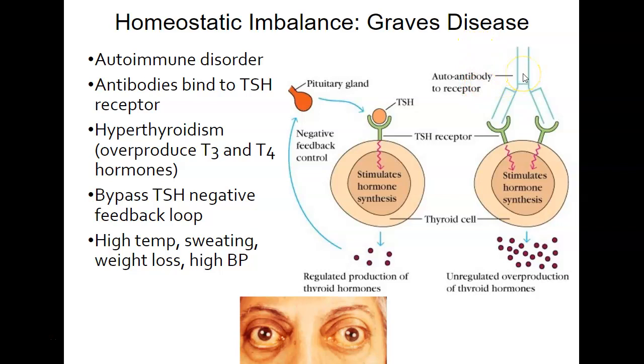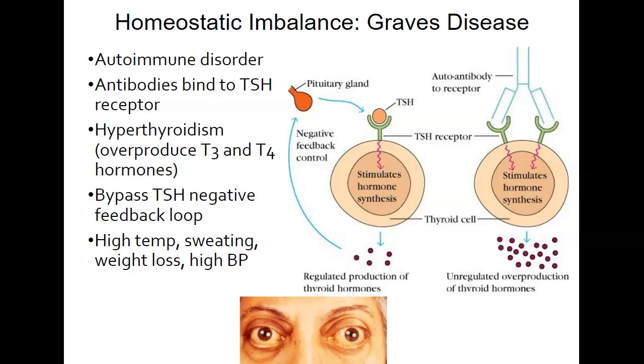However, in Graves' disease, it's an autoimmune disorder, so the antibody is targeting the thyroid cells. It's going to bind to the TSH receptor so that the TSH itself can't bind, but it's going to essentially force the cells to stay on and release all of these regulated signaling molecules from the thyroid cell, and then you get too many thyroid hormones produced and your metabolism is out of control.